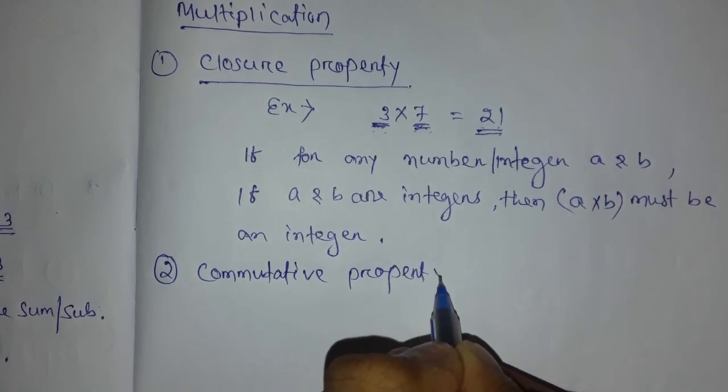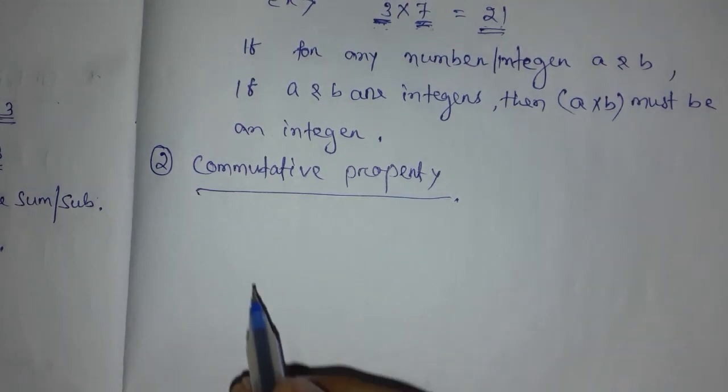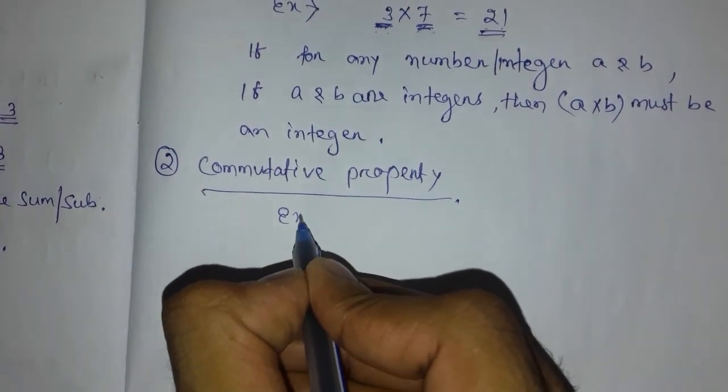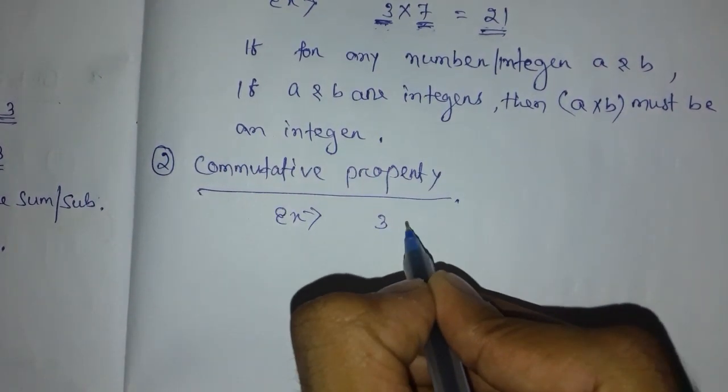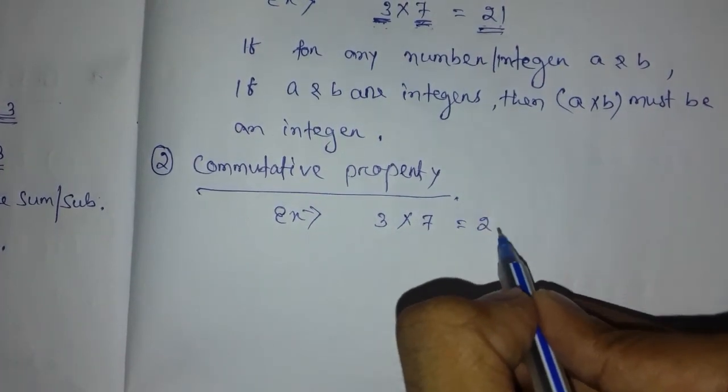It is the same as the commutative property under addition. The only difference is that in addition we were adding, and in multiplication we multiply. For example, 3 is an integer, 7 is an integer. If we multiply 3 into 7, what do I get? 21.